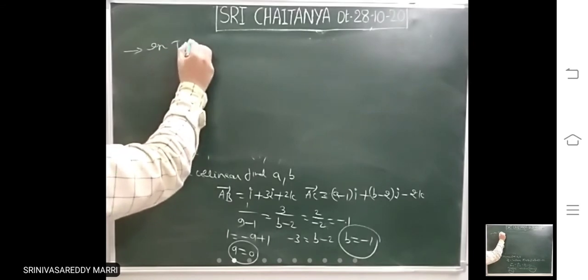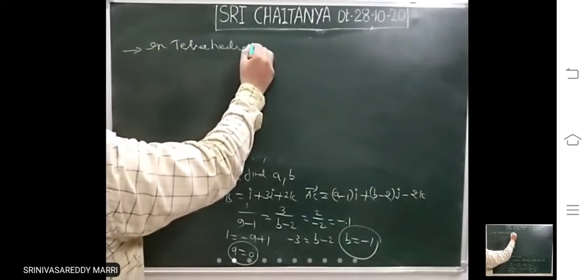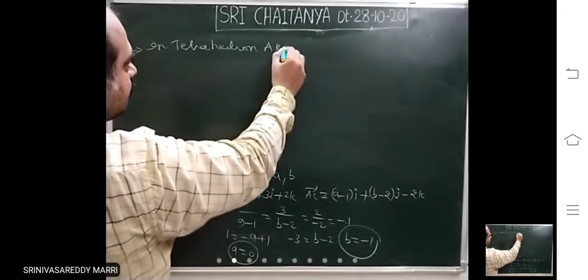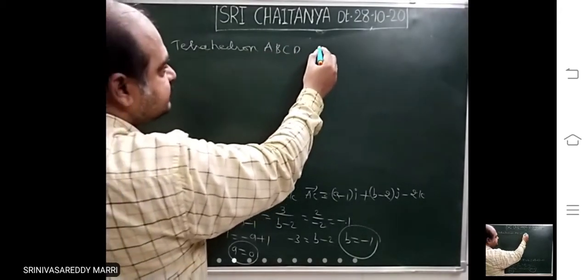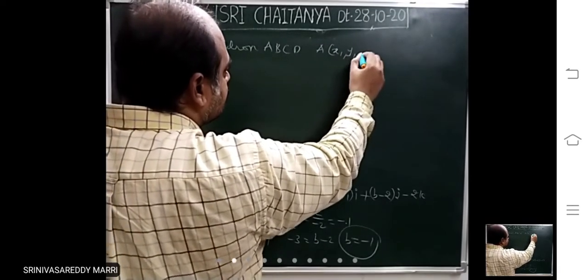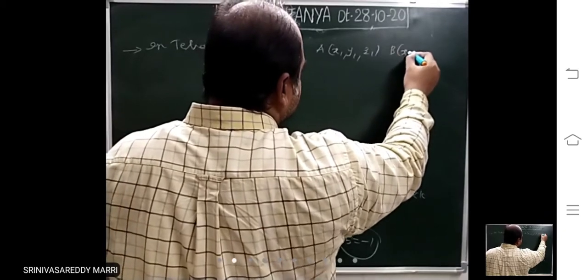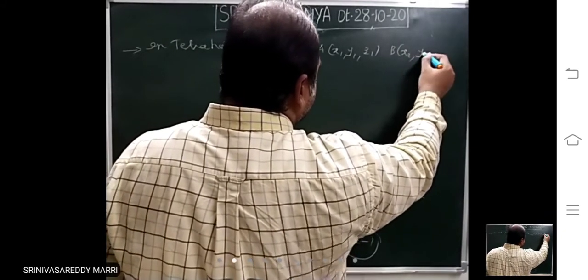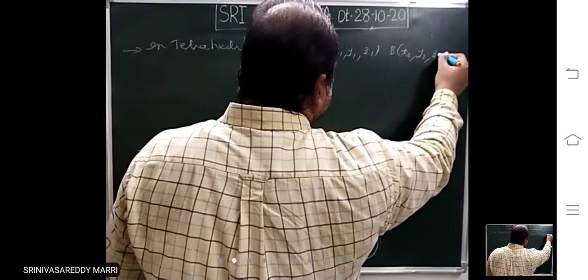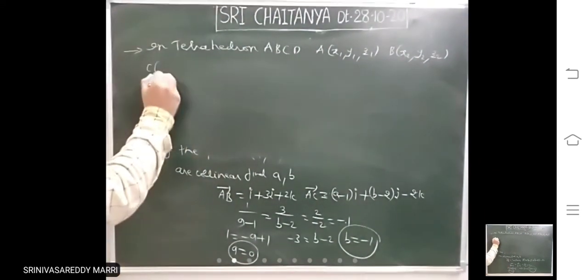In tetrahedron ABCD, suppose A is given x1, y1, z1, B is given x2, y2, z2. Right? 4 points are given.